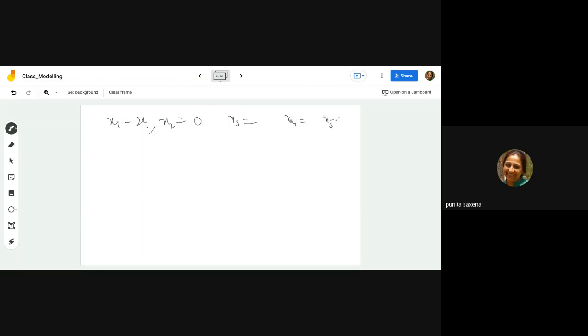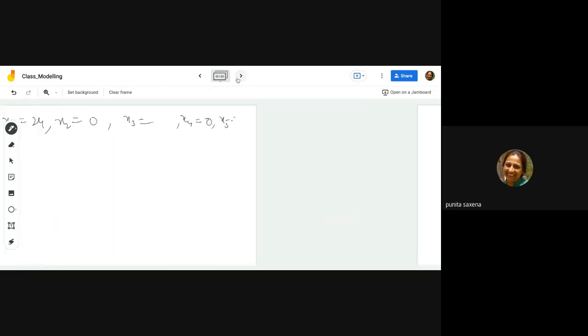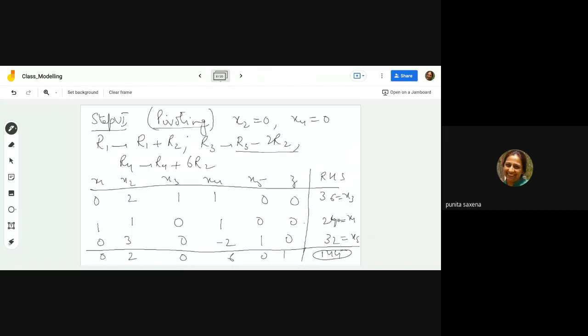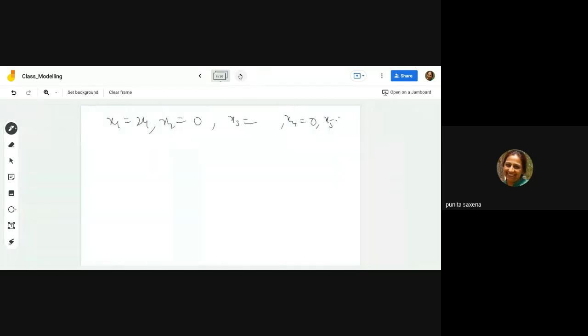You had put x2 and x4 as 0, so they'll remain as 0. But for x1, x3, and x5, they will come from the right hand side of this table. So x1 is 24, x3 is 36, and x5 is 32.